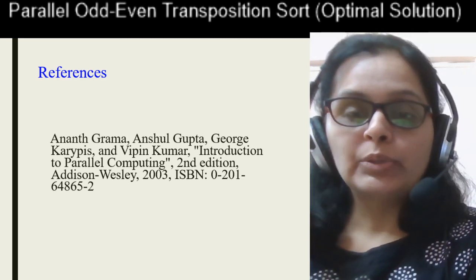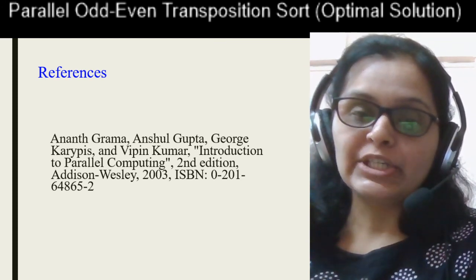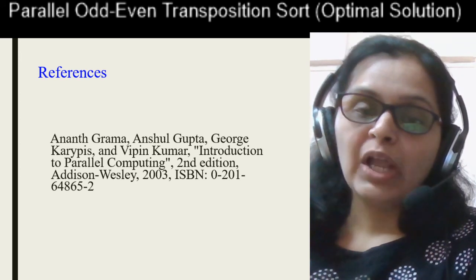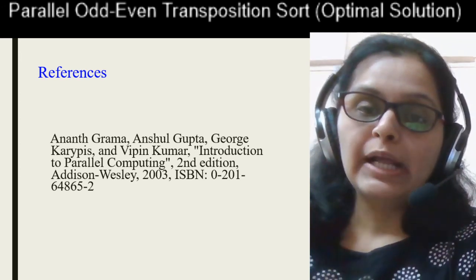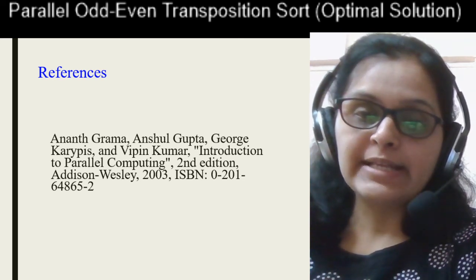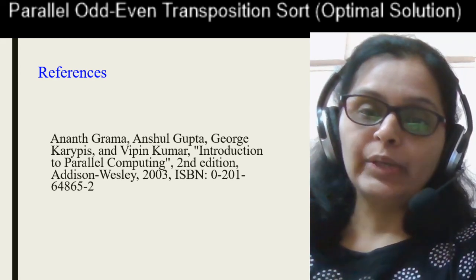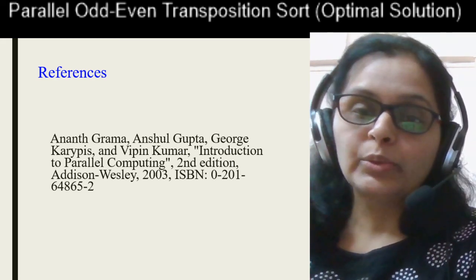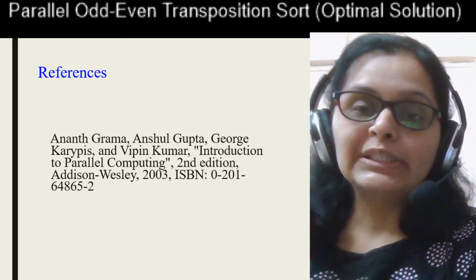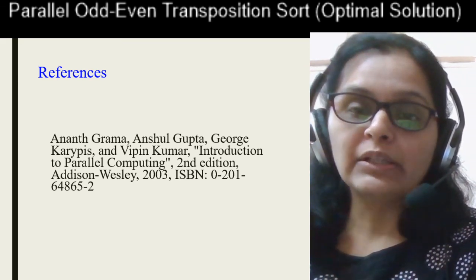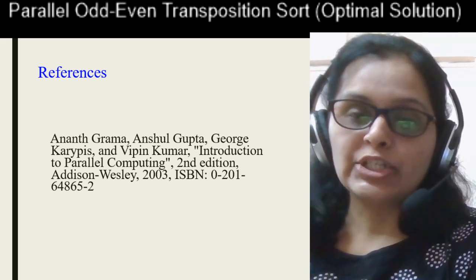Again, apply the performance metrics to your implementation, and after that implement this cost optimal solution, that is the p is less than n case, and again apply the performance metrics to it. After that only you can analyze and write some concrete conclusion. This is how this assignment is to be designed and implemented in an incremental fashion.